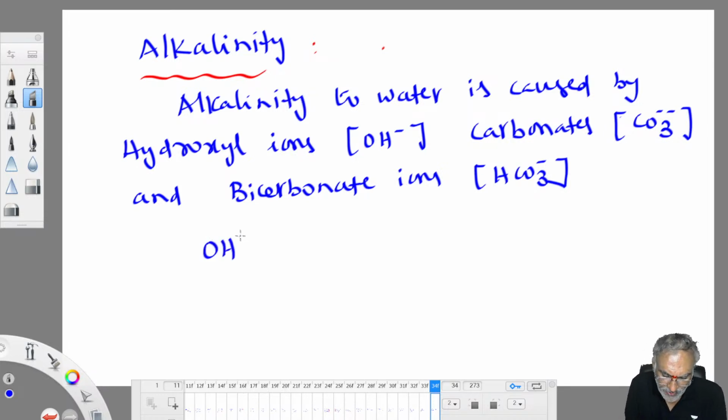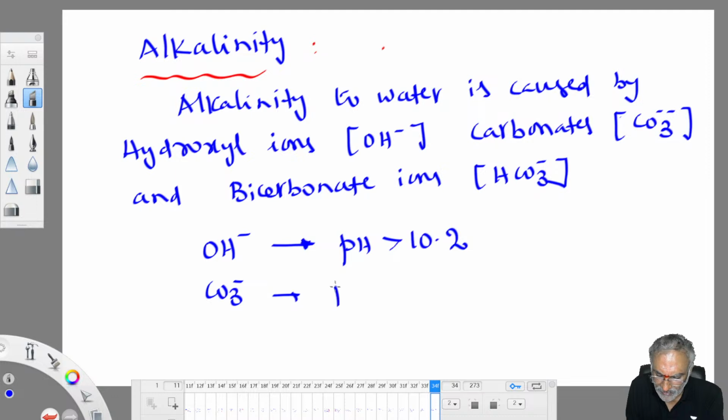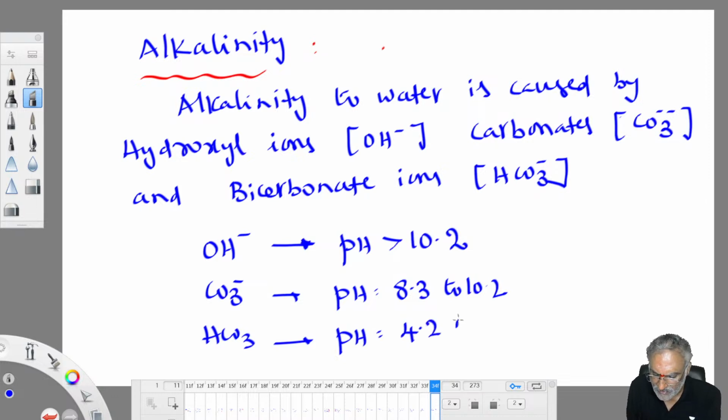Normally, OH minus ions contribute a significant amount of alkalinity when the pH of water is greater than 10.2. Carbonates cause significant alkalinity when pH is between 8.3 and 10.2. Bicarbonates contribute significant alkalinity when pH is between 4.2 and 8.3. In some ranges, both carbonates and bicarbonates contribute.